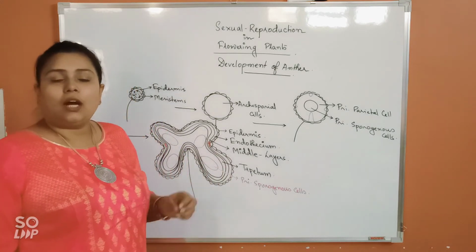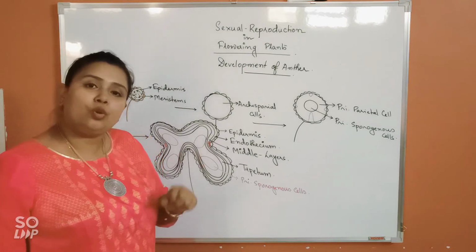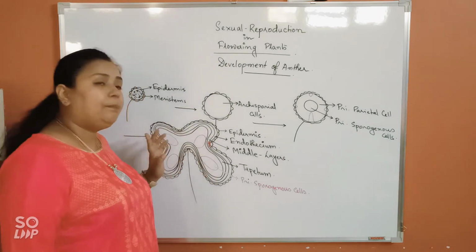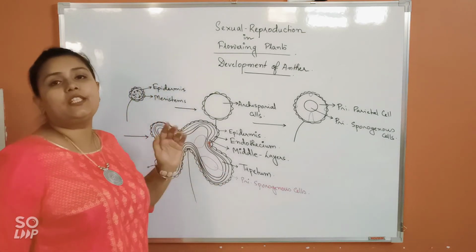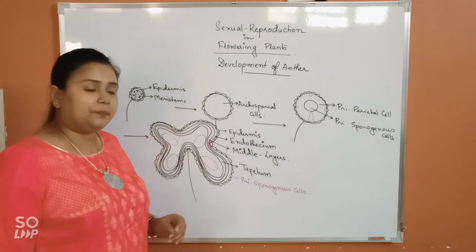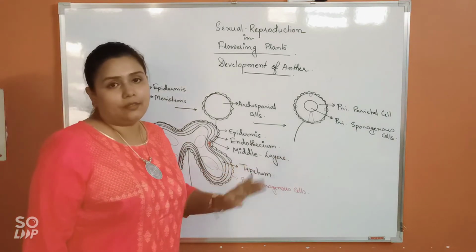As they rupture, a pore will be formed there that will be known as stomium, and through the stomium the pollen grains, which has now fully matured, they will be released from the anther. Understood?